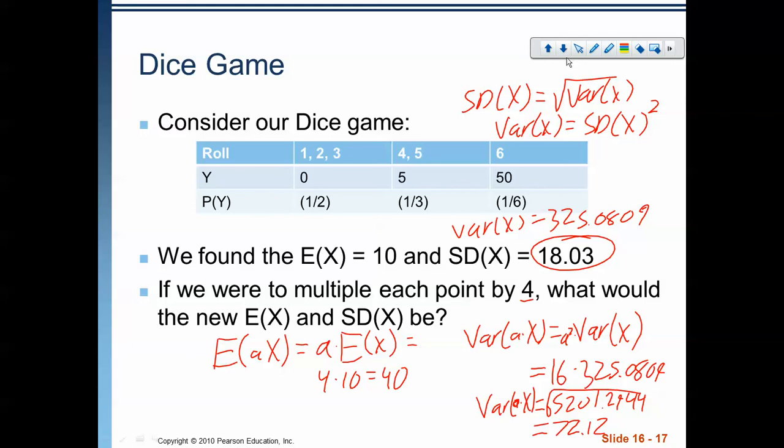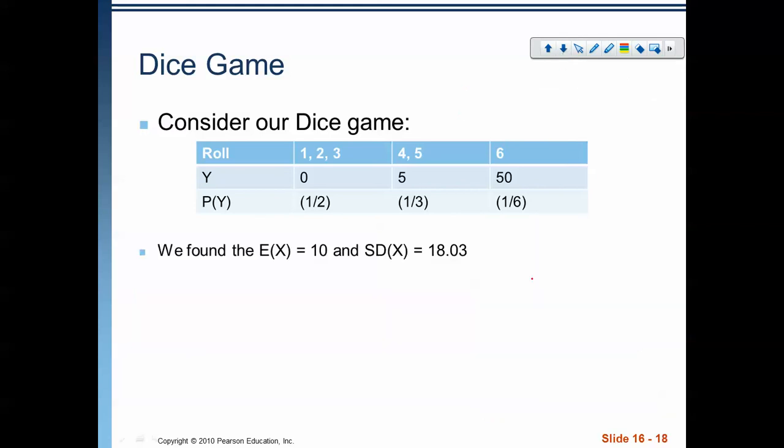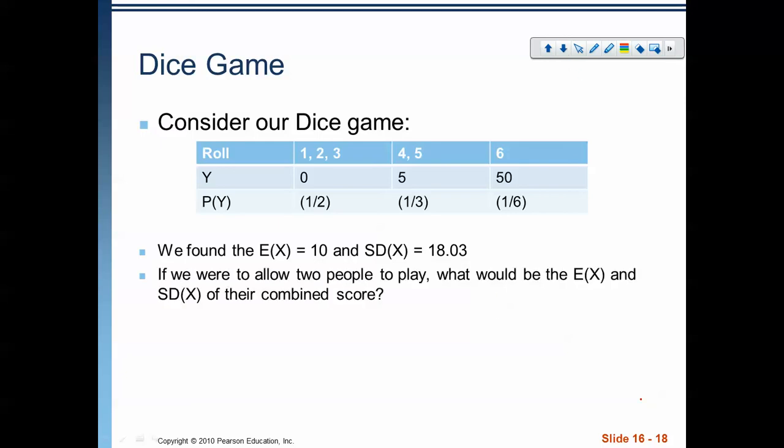Okay? Let's do one more example together here. We found that E of X is equal to 10, and standard deviation of X is 18.03. If we were to allow 2 people to play, meaning I've got 2 people playing the game, what would the average and standard deviation of their combined score be?